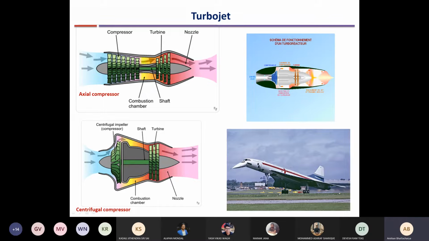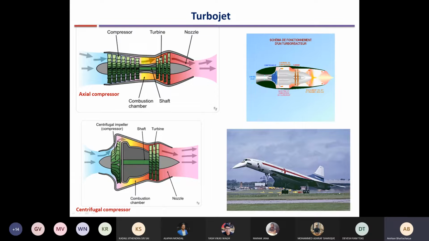And this rotation of turbine blades results in the rotation of the shaft, which is connected with the compressor stages. So the turbine blades actually run the compressors. So the amount of work that is generated by the turbine is equal to the amount of work that is required by the compressors, in this case for jet engines. No additional work is generated.